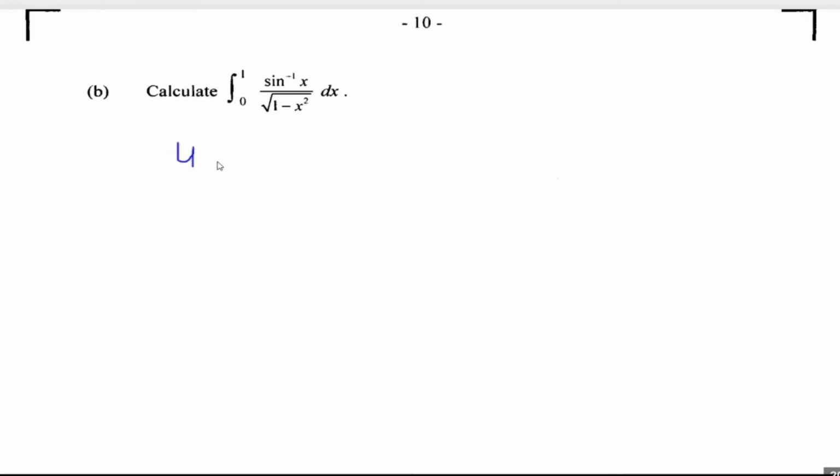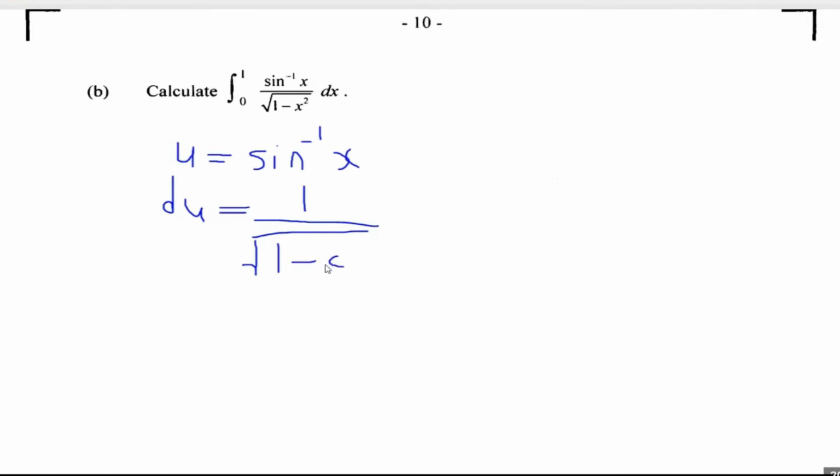When we differentiate u, we get du is equal to 1 over the square root of 1 minus x squared dx, right?